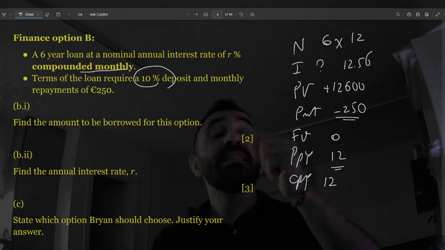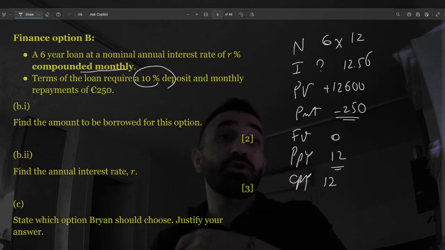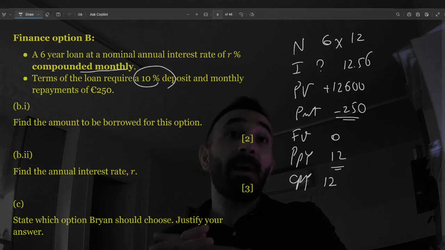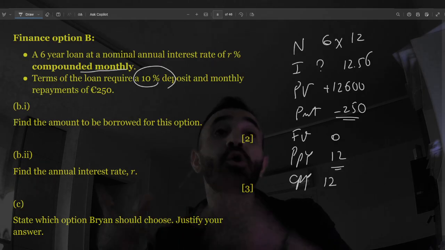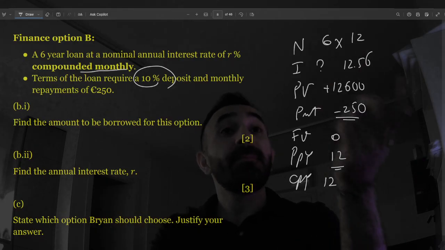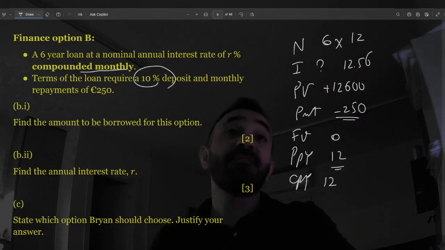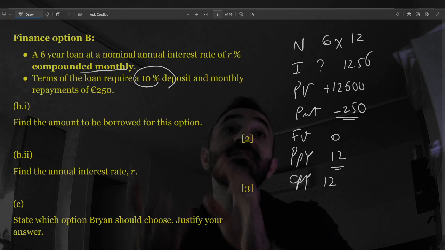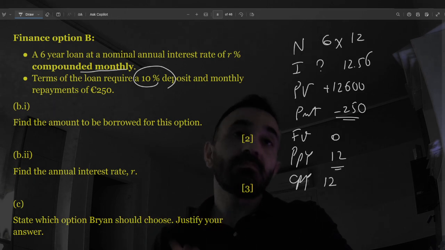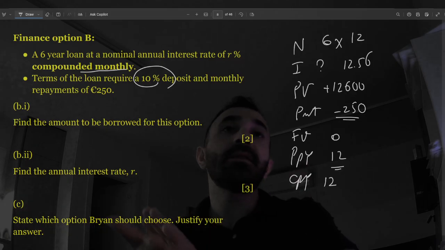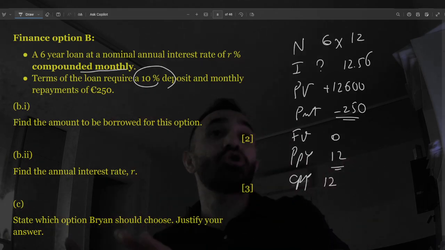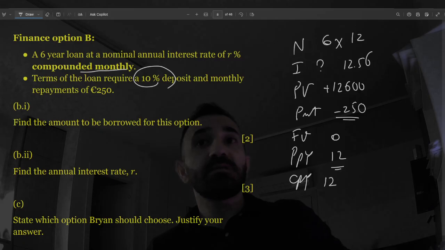With an annual interest rate of 12.56 compounded monthly, you have to give me money back every month, $250 for 6 years. So that after 6 years, you're going to pay the whole money back with the interest. Okay?